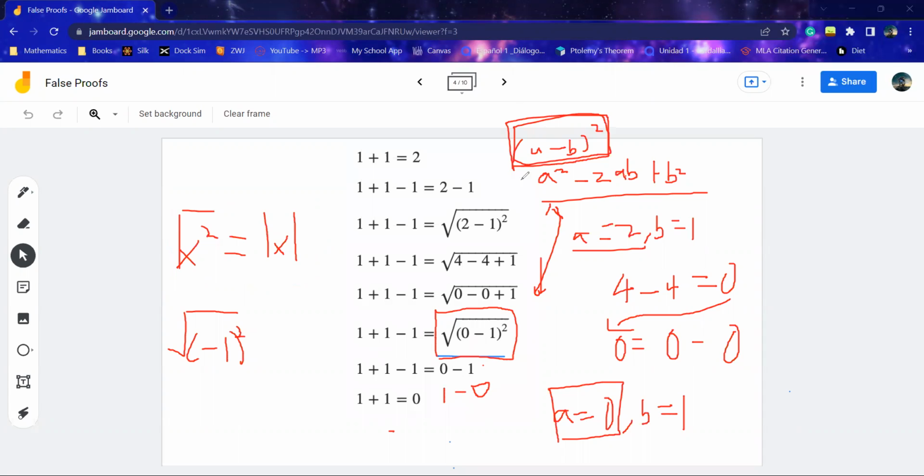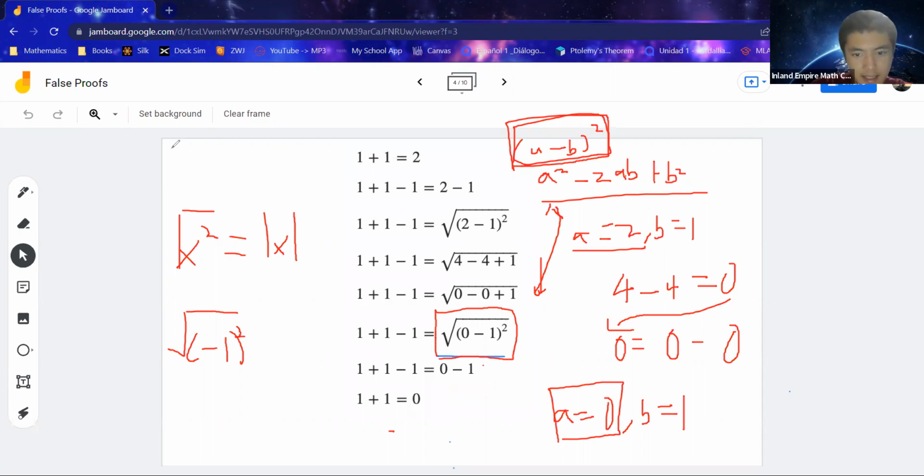I want to ask, why is there a little 2 on top next to the 1? Oh, that's something called the square. It's taking the number to its square.